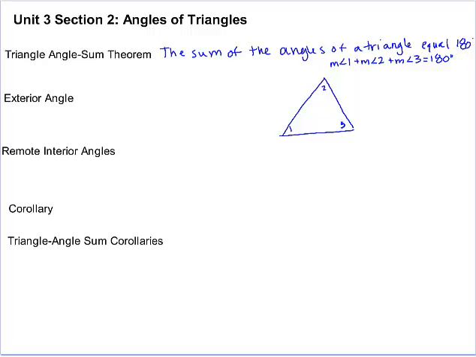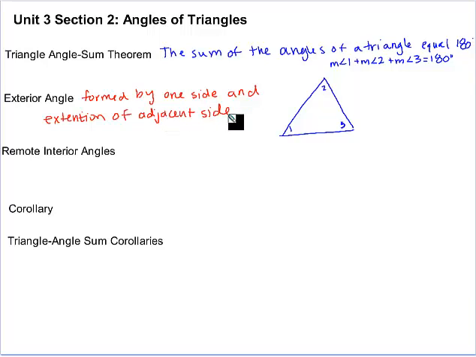Exterior angle. An exterior angle is also referring to a triangle, and it is formed by one side and the extension of the adjacent side.